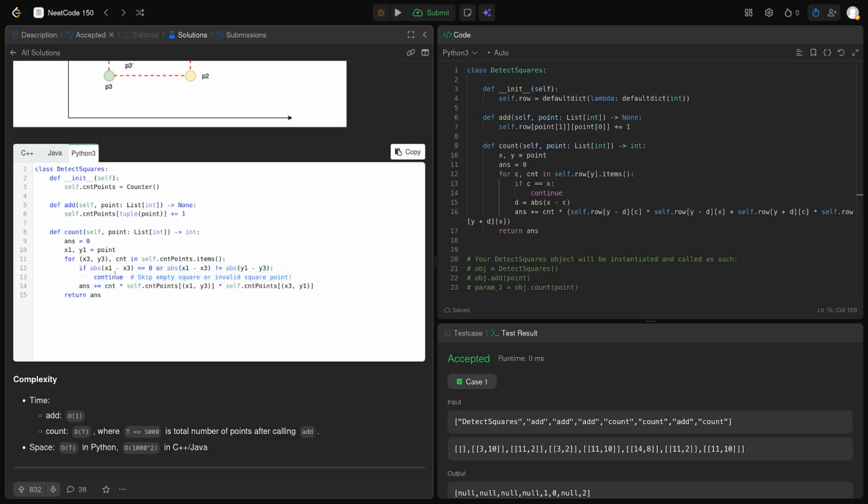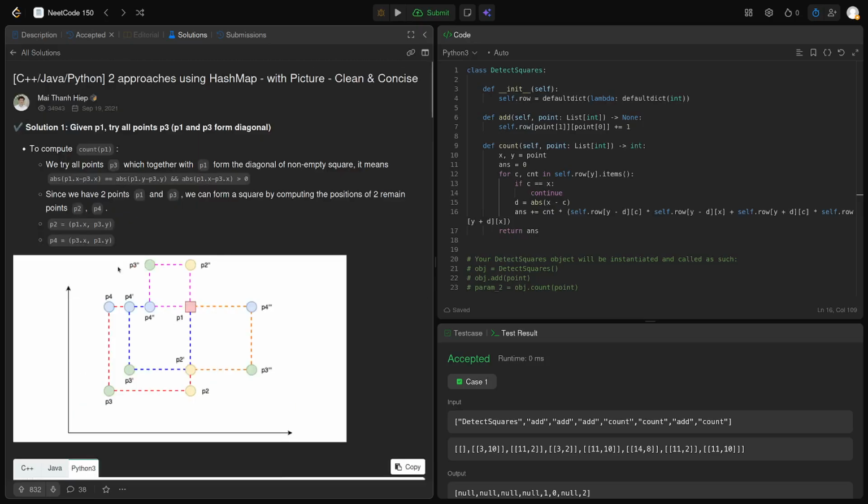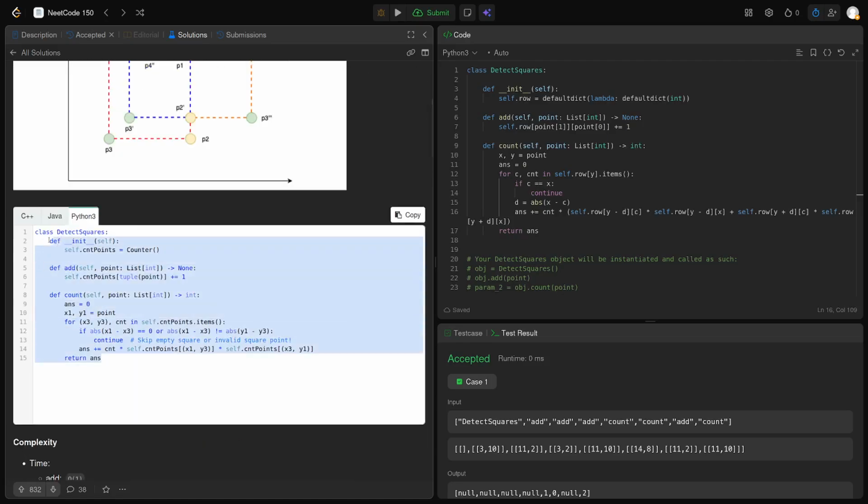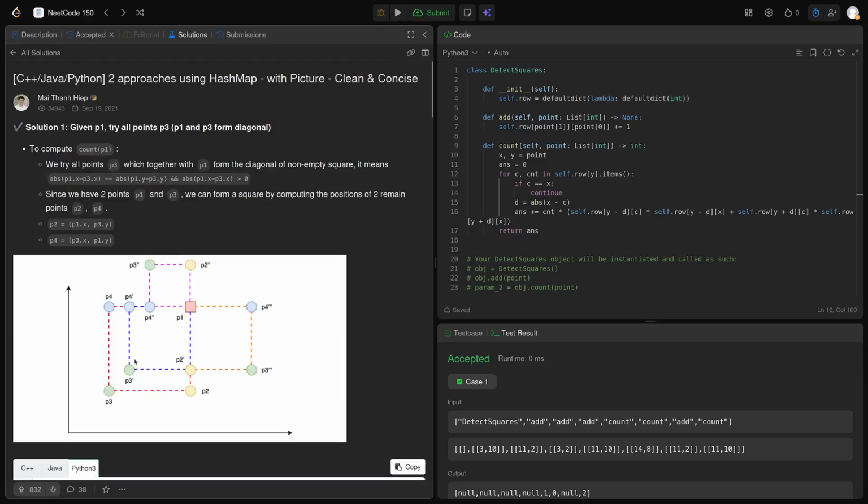Okay, he got it even easier. Okay, I guess that's better, but technically it's iterating over all points and I'm just iterating over all points in the row, so it doesn't matter. Whatever.